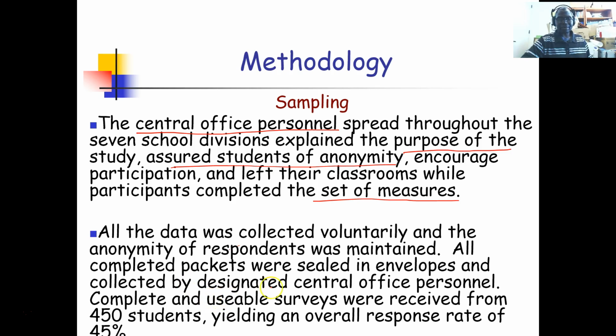All completed surveys were put into sealed envelopes and collected by designated central office personnel. Complete and usable surveys were received from 450 students, yielding an overall response rate of 45%.